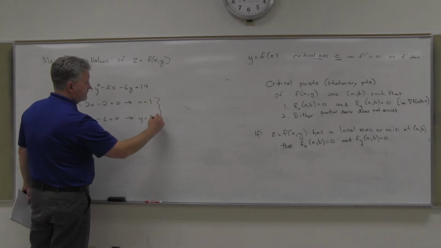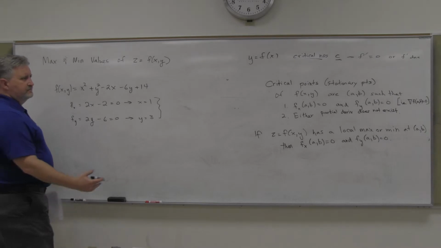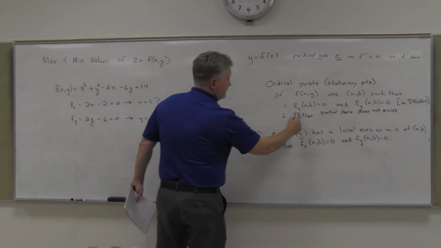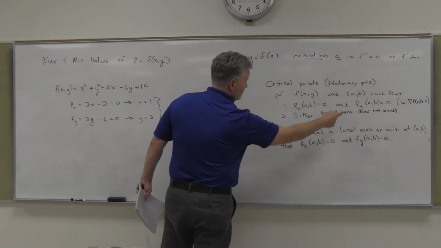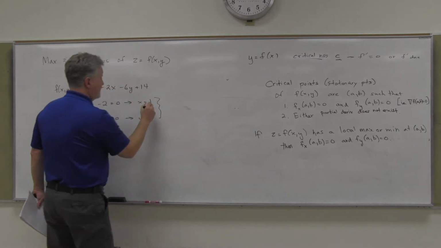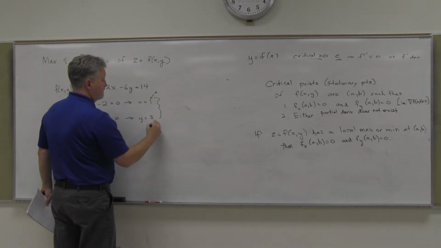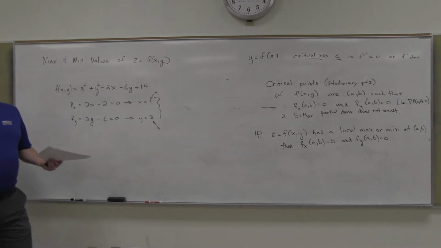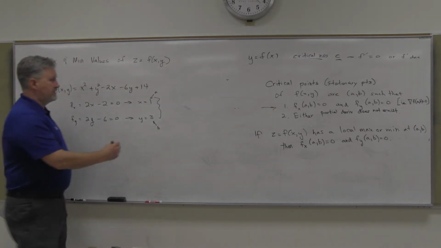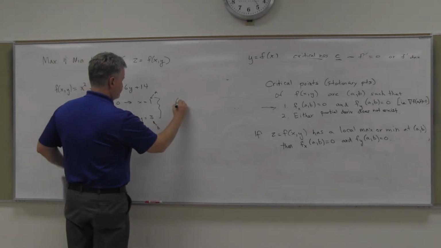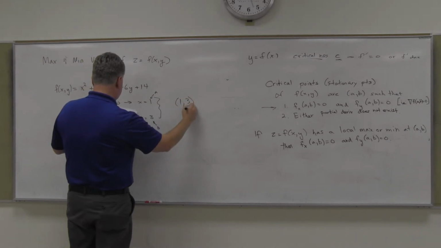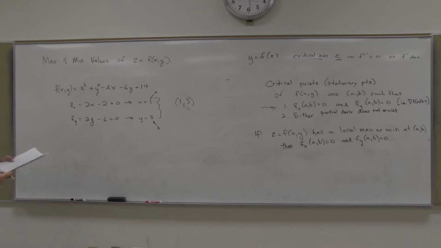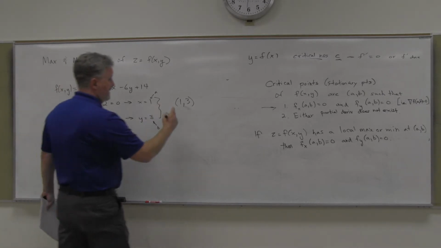So in combination, f sub x equals 0 and f sub y equals 0 gives this as our a and this as our b, which satisfies number 1. So a, b would be 1, 3, which is our critical point.